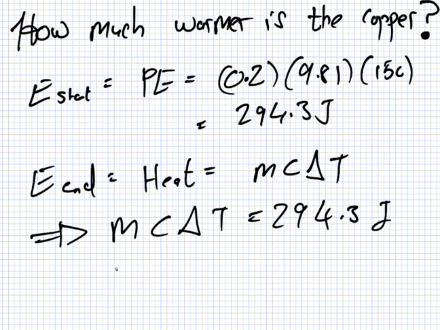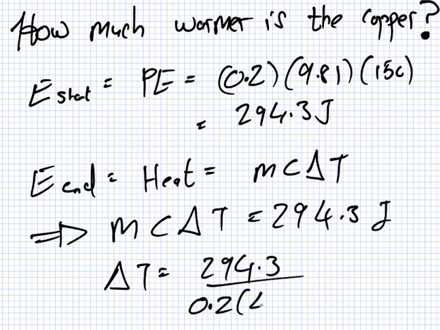So then delta T would equal 294.3 over 0.2 by 400, which is 3.67 Kelvin. Yeah. So nearly 4 degrees increase in temperature when you drop the copper off the building. Yeah. You could definitely feel that.